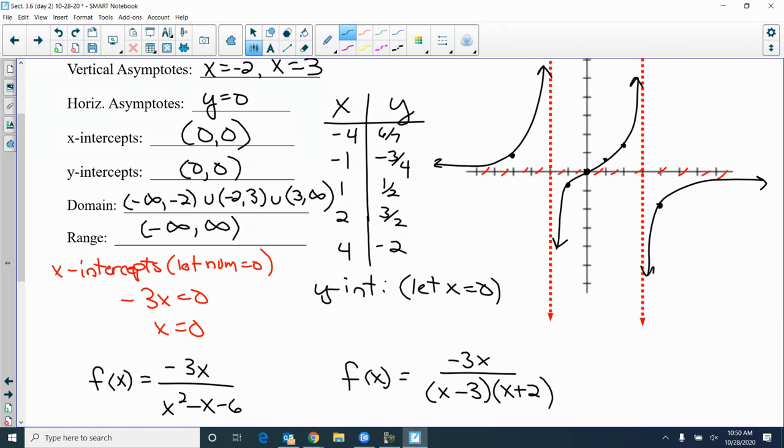So do your horizontal, your vertical, x and y intercepts, all that. And you have to make sure you pick the proper points. And that's it. Once you're done, you're done.